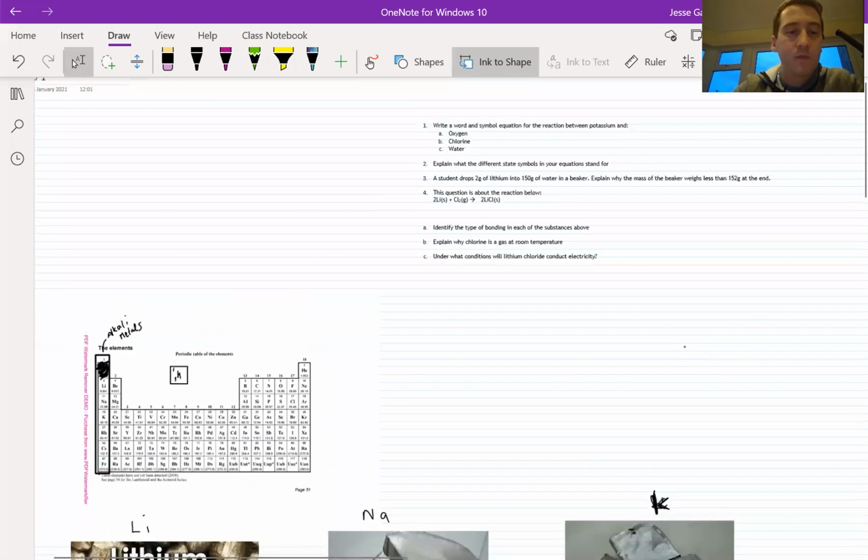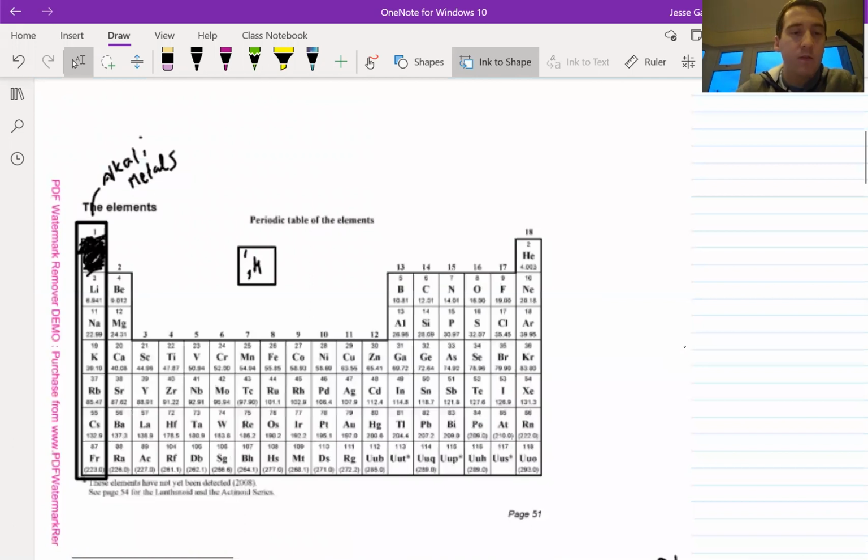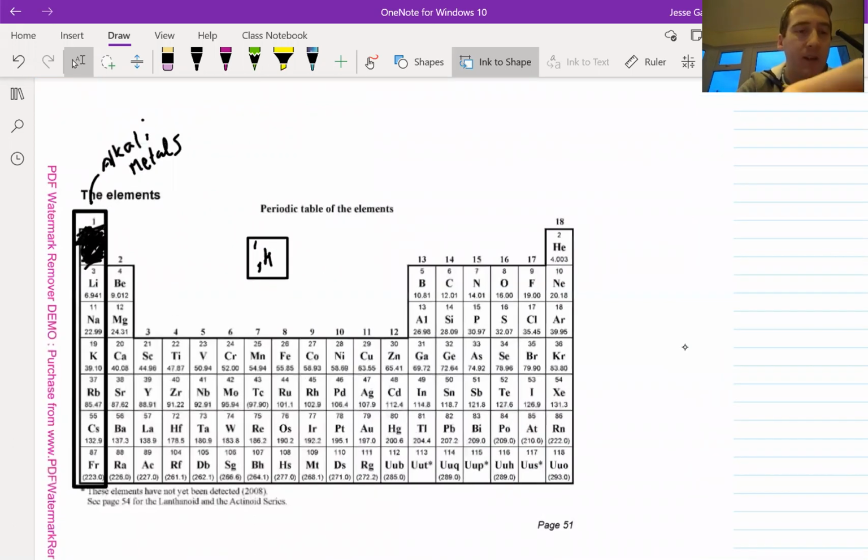Sodium is in group 1. That means it's got 1 electron in the outer shell. It's got a valency of 1. It's got 1 electron in its outer shell, which means it's got a valency of 1. Oxygen is in group 6.